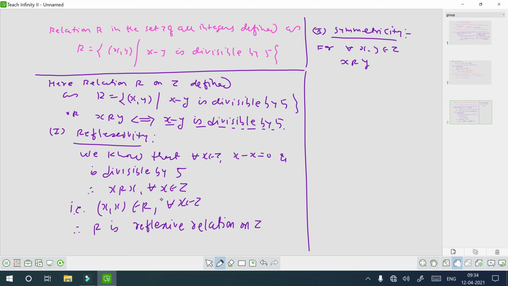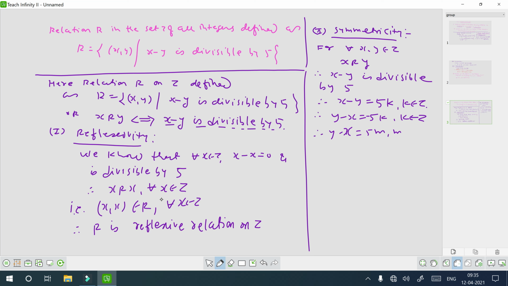And therefore x minus y is a multiple of 5, x minus y is equal to 5k, k belongs to Z. Can I write y minus x is also a multiple of 5, equal to 5 times minus k, k belongs to Z? That means y minus x is equal to 5m, where m is equal to minus k, which is also an integer.